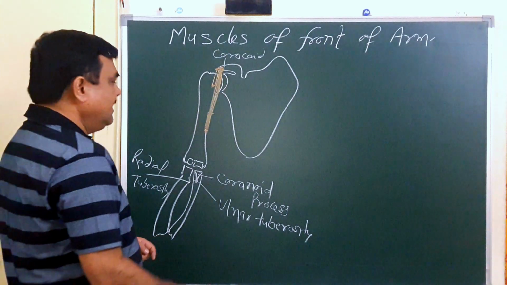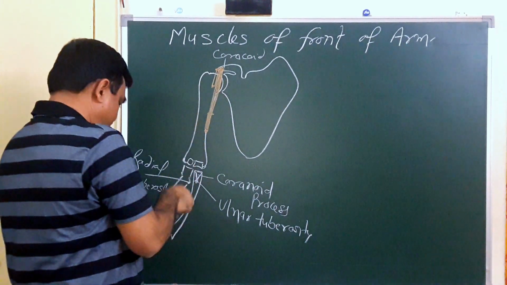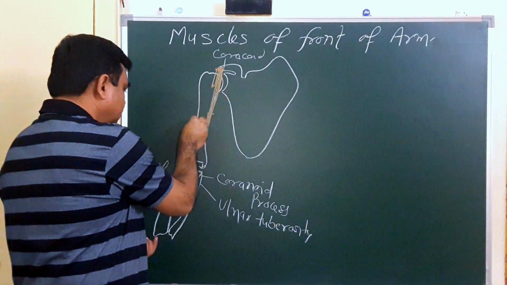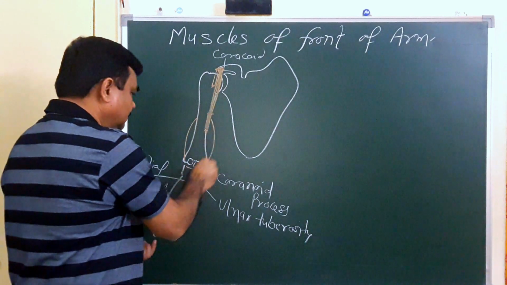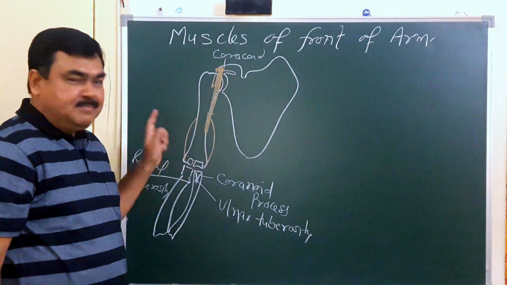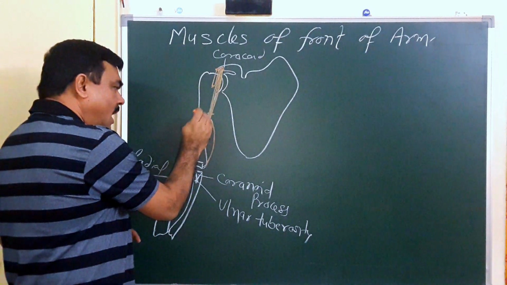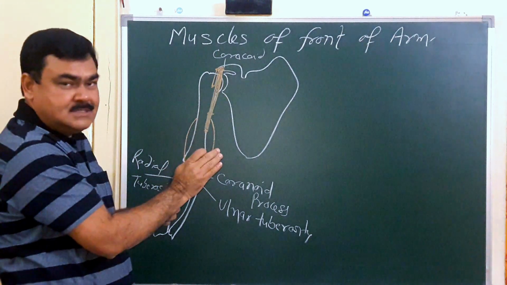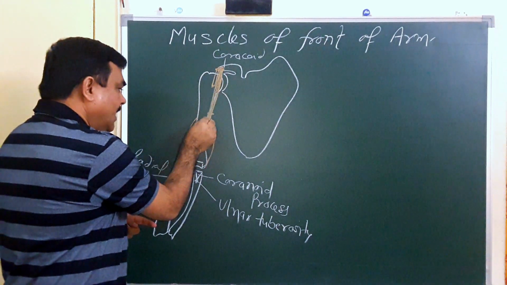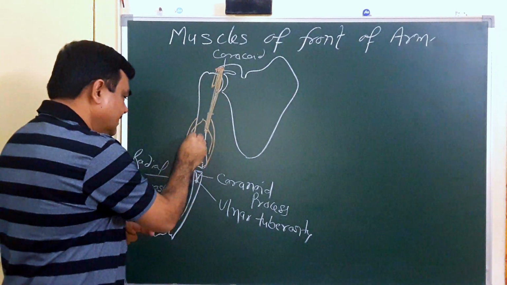Now, the next muscle. Here is the medial and lateral intermuscular septum. From the lower half of the anterior surface of the humerus and the medial and lateral intermuscular septum, another muscle takes origin, that is brachialis.